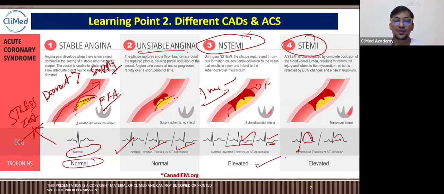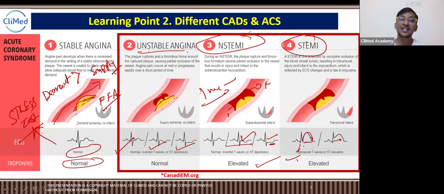Troponin I or T will be elevated in this. So that's why we call these three ACS. Combined, guys, focus here, this is a very important point: all four are called CAD, because these are all coronary artery disease related to the coronary artery.